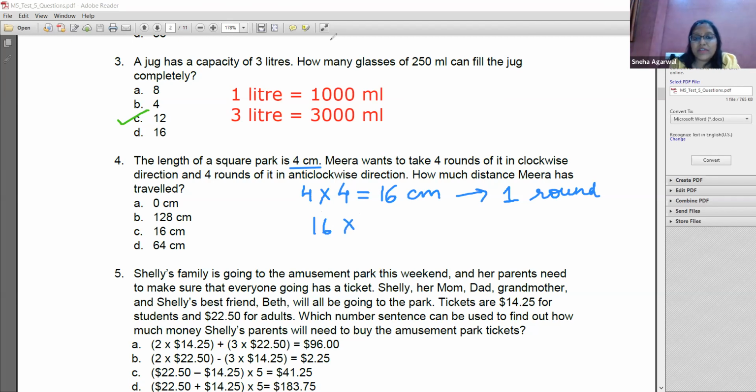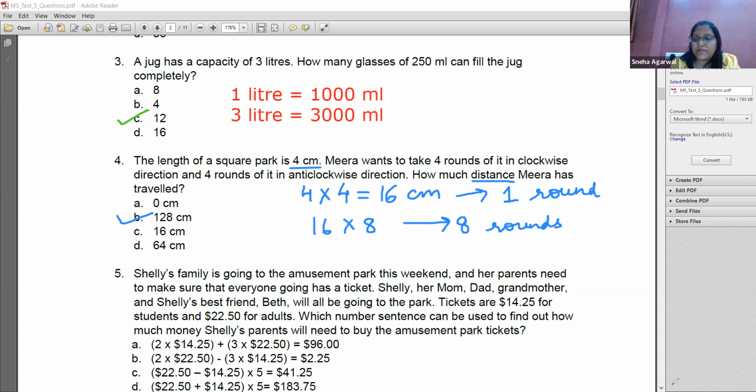Some of you have given me wrong, but others have given me correct. Yes, that's correct. 16 into 8, that would be 128. This will be for 8 rounds. So you just have to find the distance. That means you have to find the perimeter. So this is 128 centimeter.